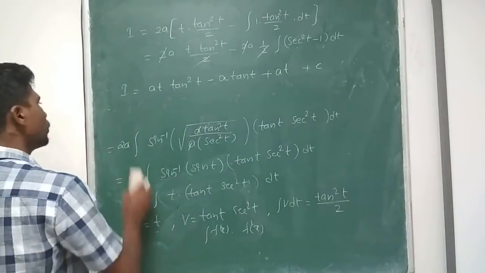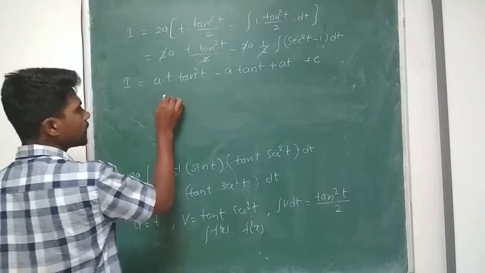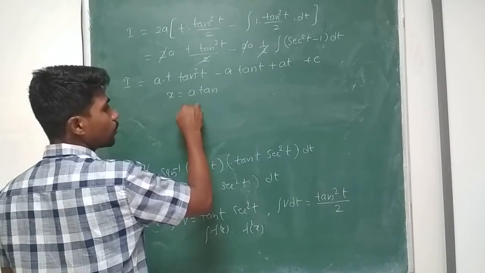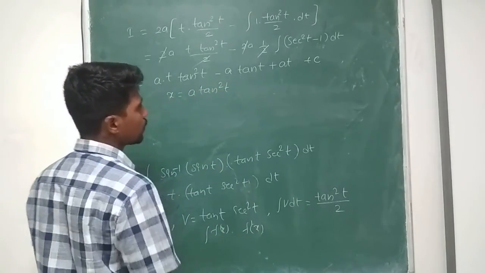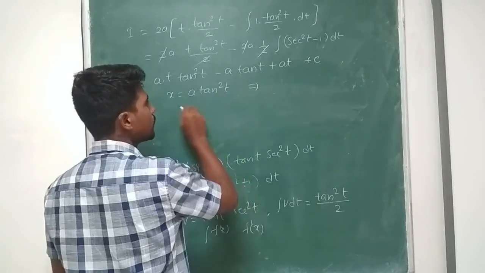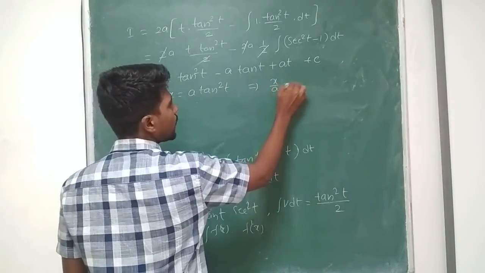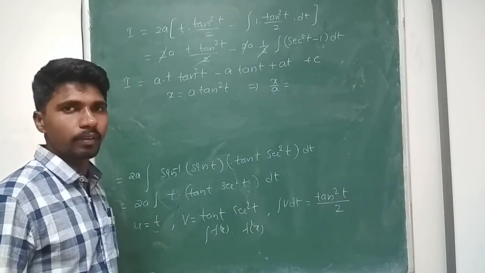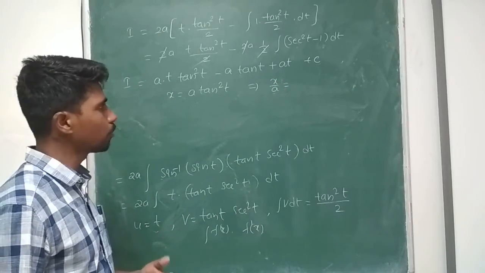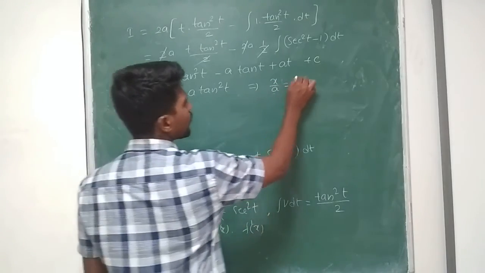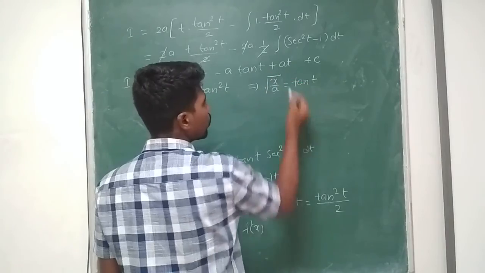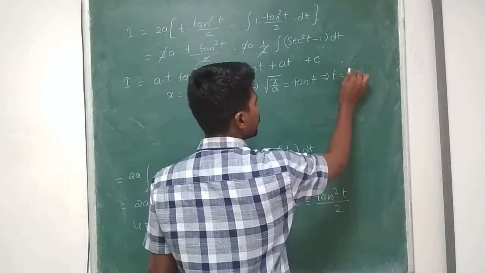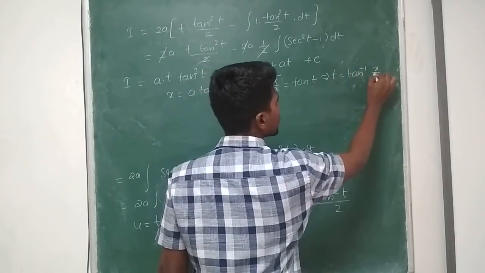Now I can replace the value of t. We consider x is equal to a tan square t. So if I want to write t, we get x by a is equal to tan square t. If I want tan t, we get root over x by a. Next step, if I want t, t is equal to tan inverse of root x by a.